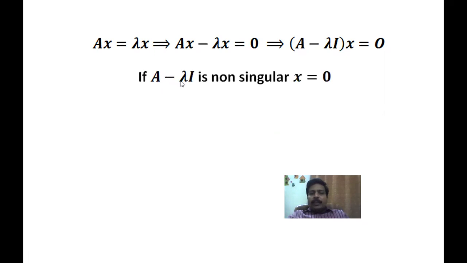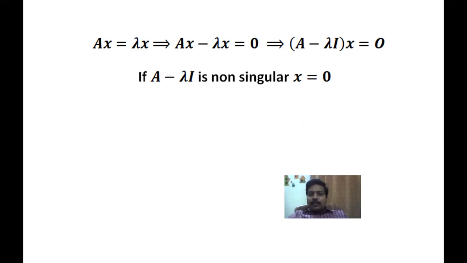If A minus lambda I is non-singular, then the only solution for this x is the zero solution. So x will be a zero vector. The solution for (A minus lambda I) x equals O is nothing but the null space of A minus lambda I.